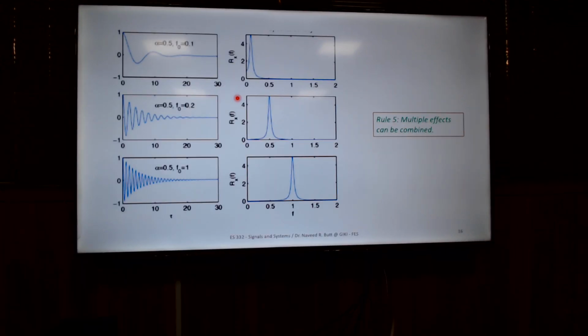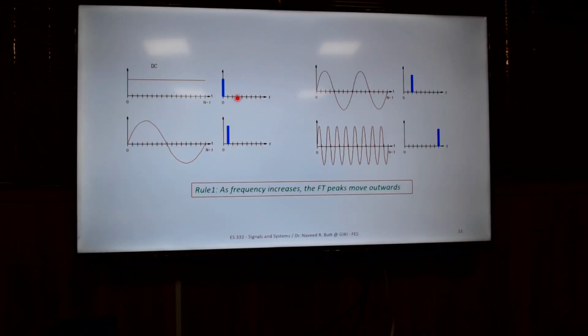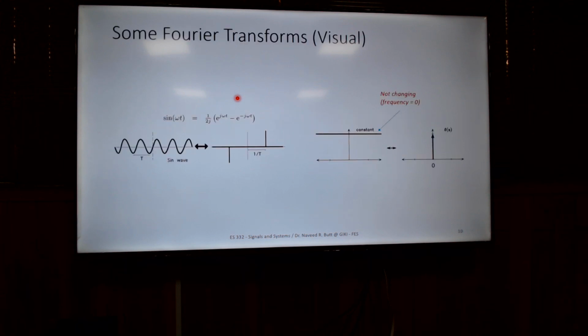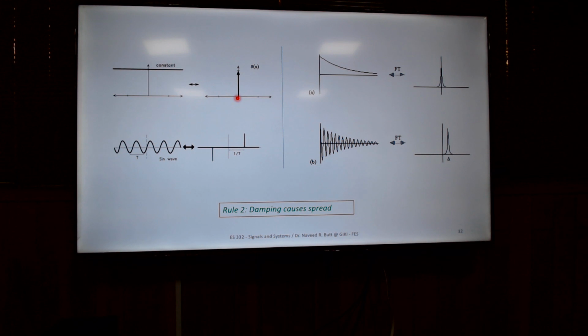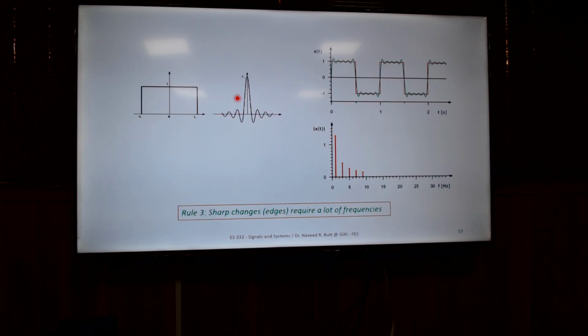And once again, quickly, what were the 6 rules we looked at? Rules of thumb. First, what is it? As frequency increases, the peaks move outwards. What's the second one? Damping causes spread. What's the third one? Sharp changes require a lot of frequencies.